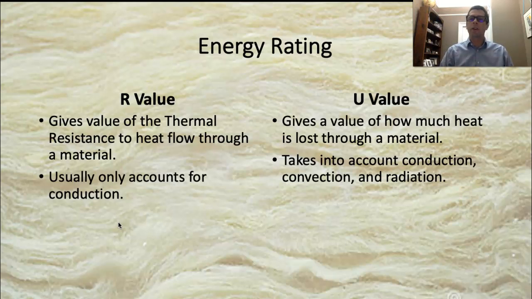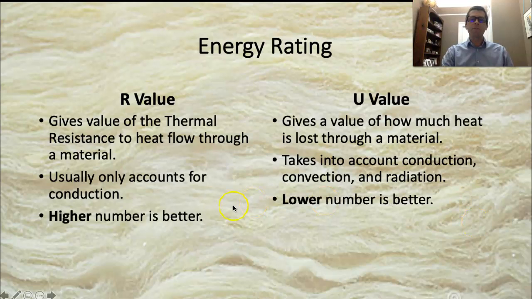The U value for a material takes into account all of those factors, and generally where we see the U value is on glass, in windows and doors. Again, with R value we want a high number, and with U value we want a low number.